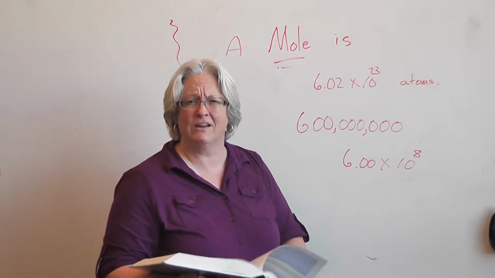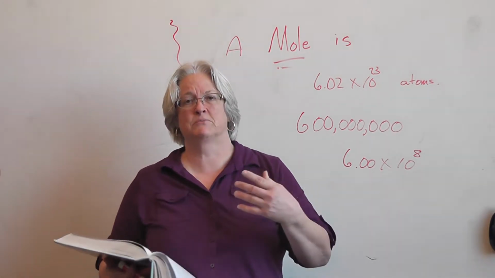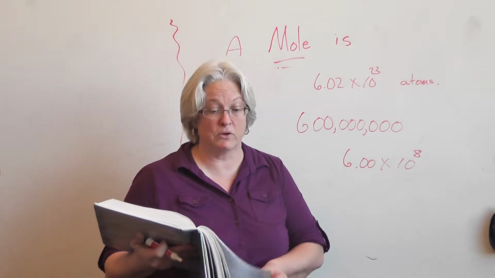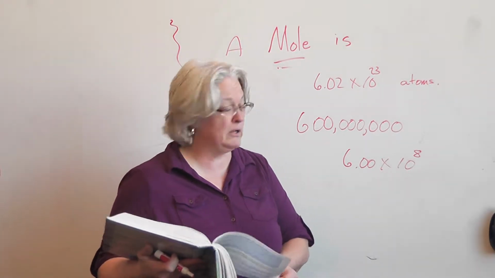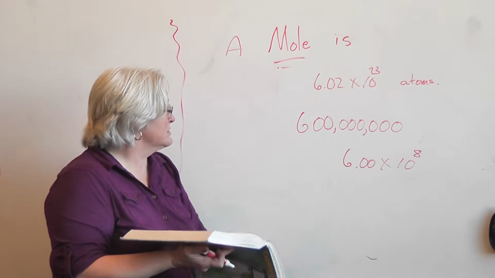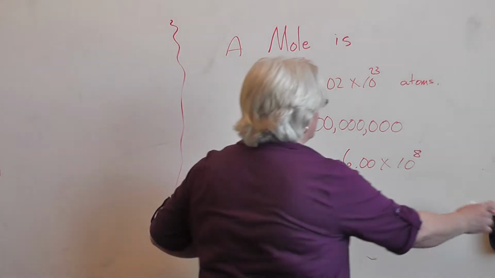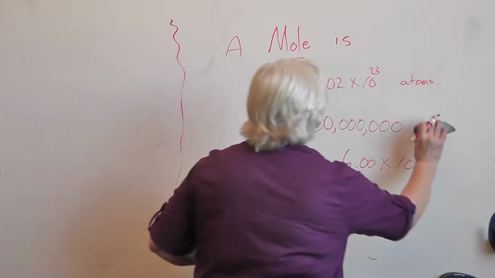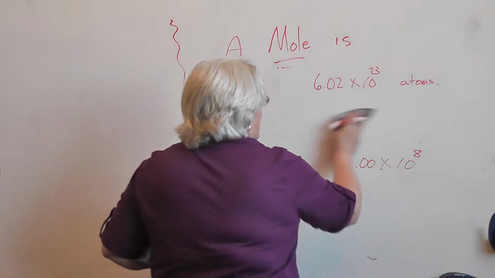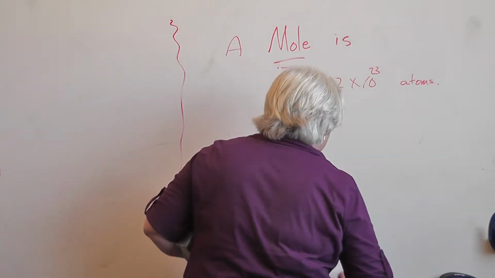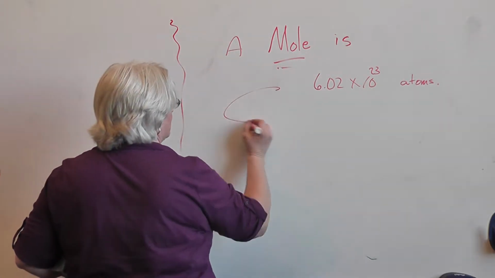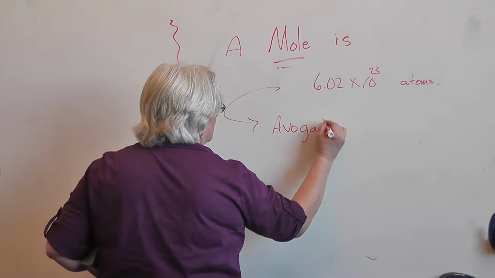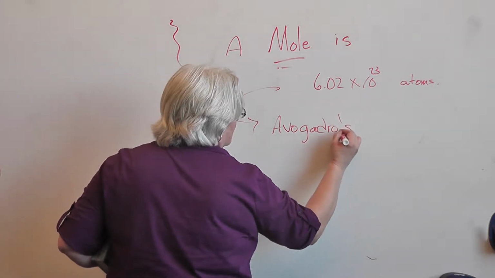Okay, and we're not going to take a lot of time on this. We're going to sort of have this be chemistry light, or almost a Cliff Notes approach to this chapter 5 right here. Now this number right here, 6.02 times 10 to the 23rd, which is the number of atoms that are contained in a mole, that has a very special name, and this is called Avogadro's number. Avogadro's number.